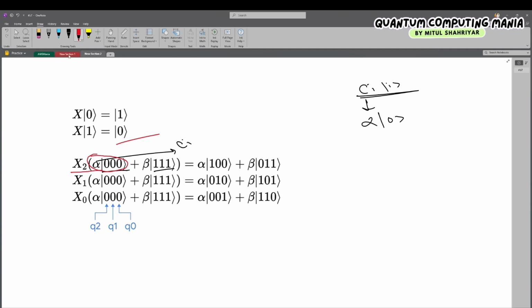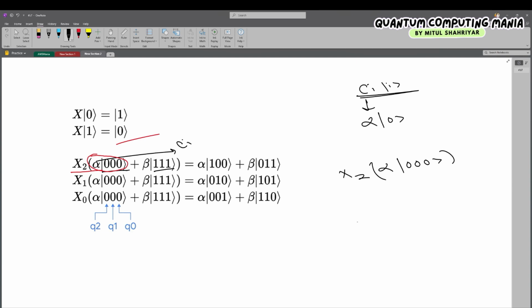So what are we understanding from this one? We have x2, then we have alpha 0 0 0. Great. So what do we understand from here? Here we are understanding that, as we have seen, x is a gate, right? So it's related to an operation.